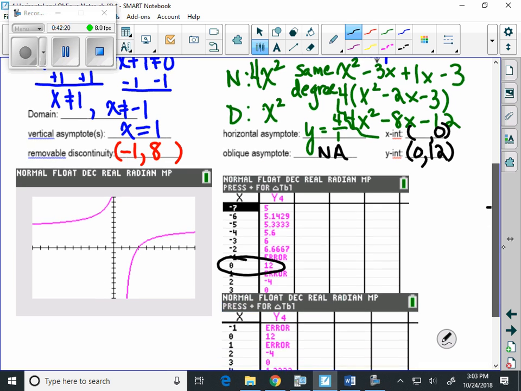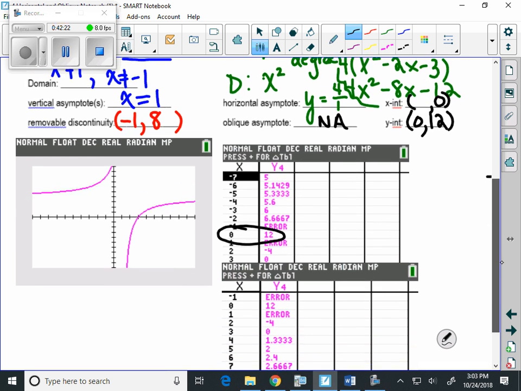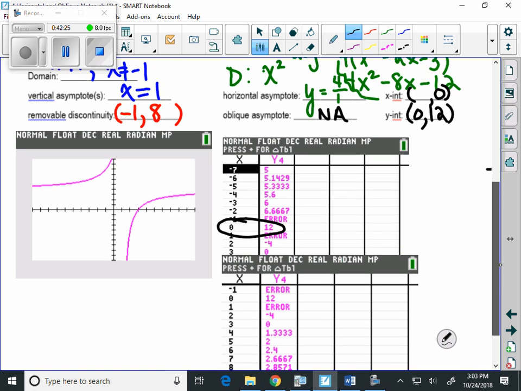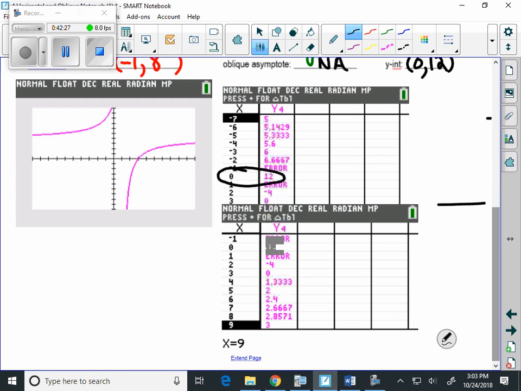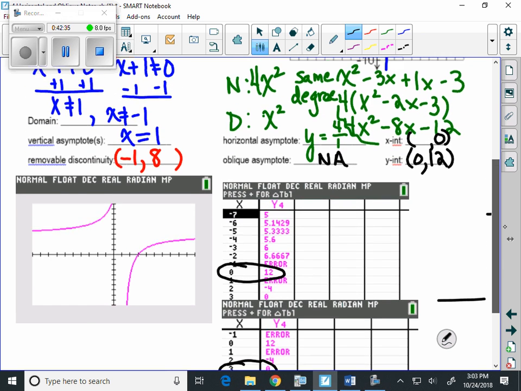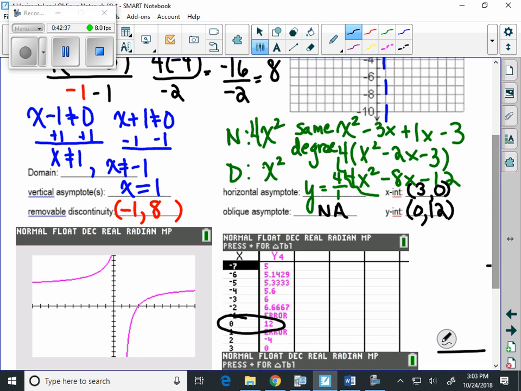But again, if we look at our table, we want y values of 0 now. And when we look down here, oh, not right there, close, we've got 3, 0, which is our x-intercept.